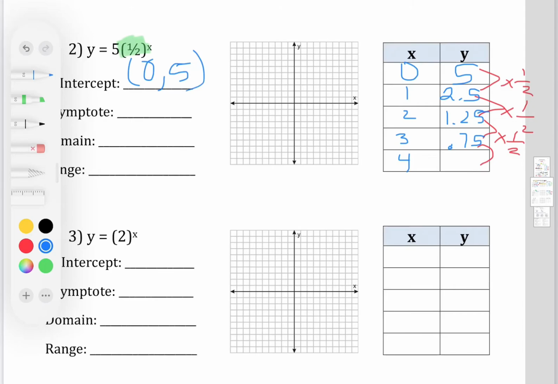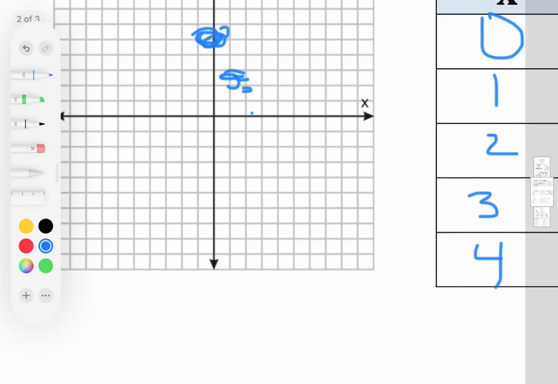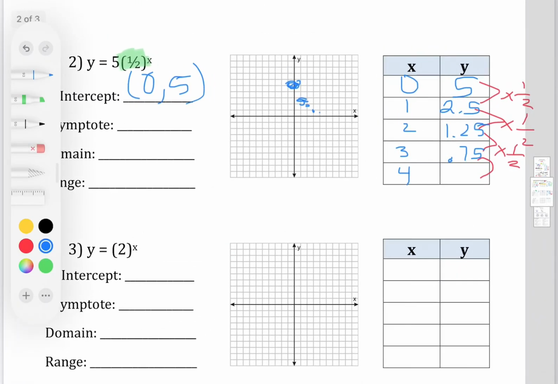So on a graph, we start at 0, 5. 1, 2, 3, 4, 5. 1 goes to 2.5. 2 goes to 1.25. It's real ugly. And then that would keep getting cut in half for the next one, and in half for the next one. So what that means is when you connect your dots, it's going to look like this.